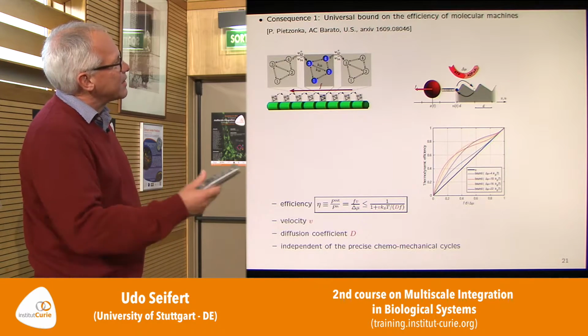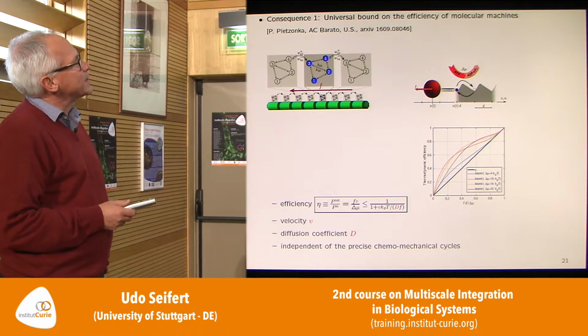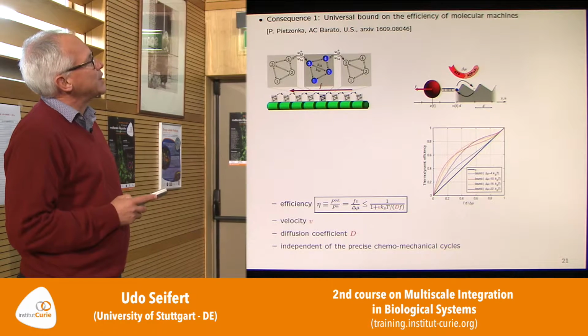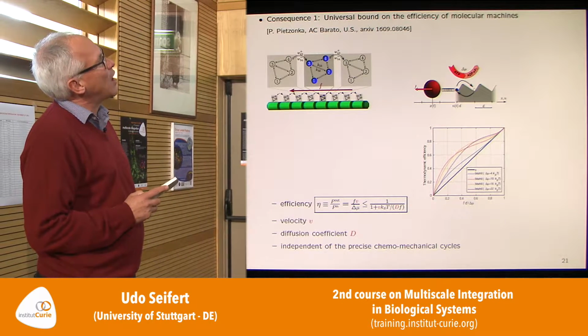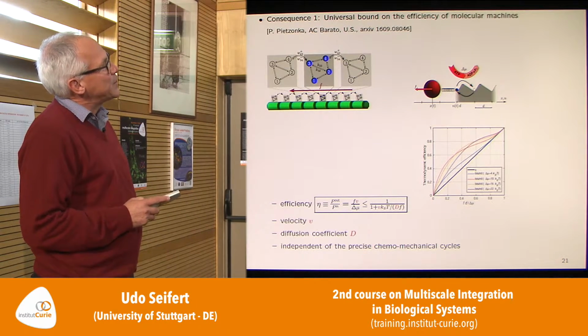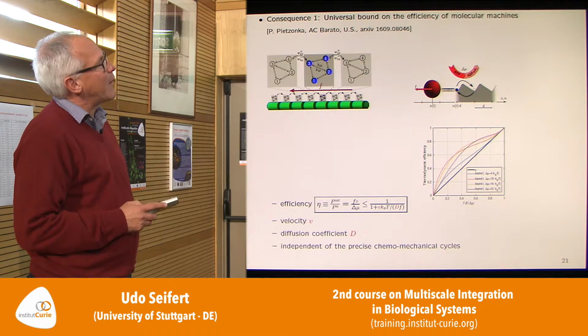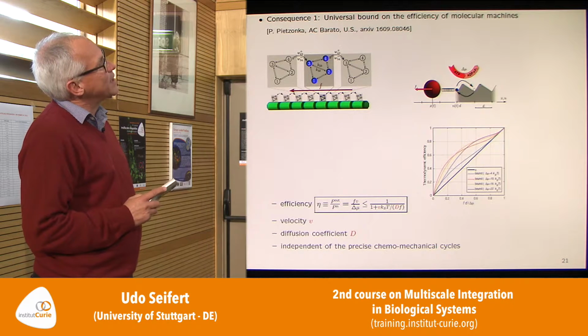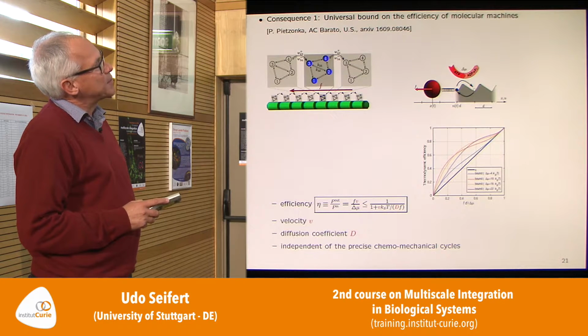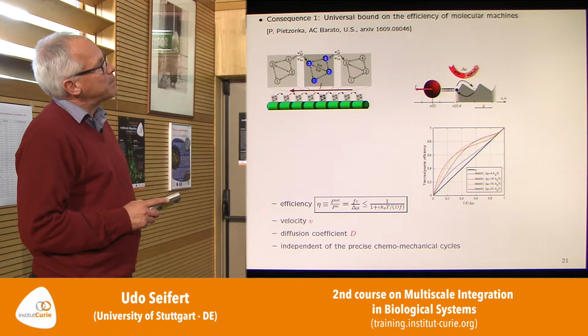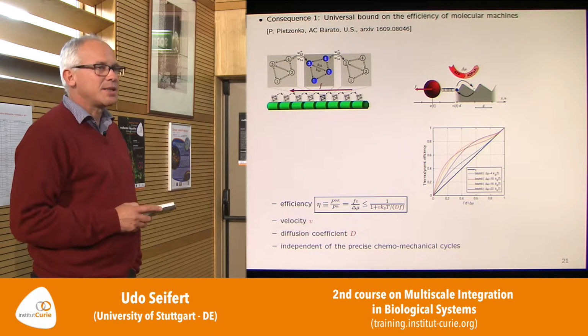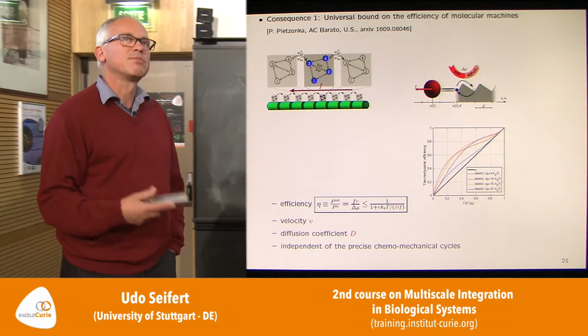A simple consequence of this uncertainty relation is a bound on the efficiency of this motor. Efficiency, as I said, is output power divided by input power. Output power is force times velocity. Input power is how many ATP molecules you use per time.